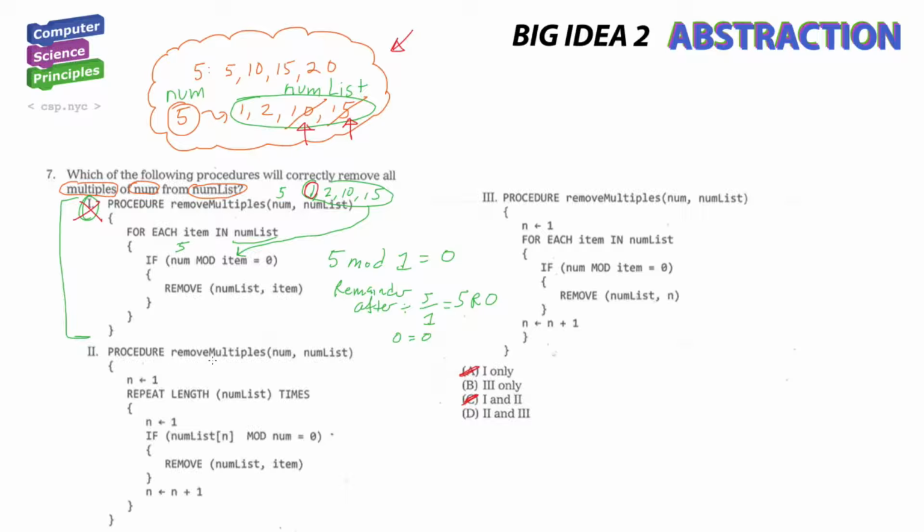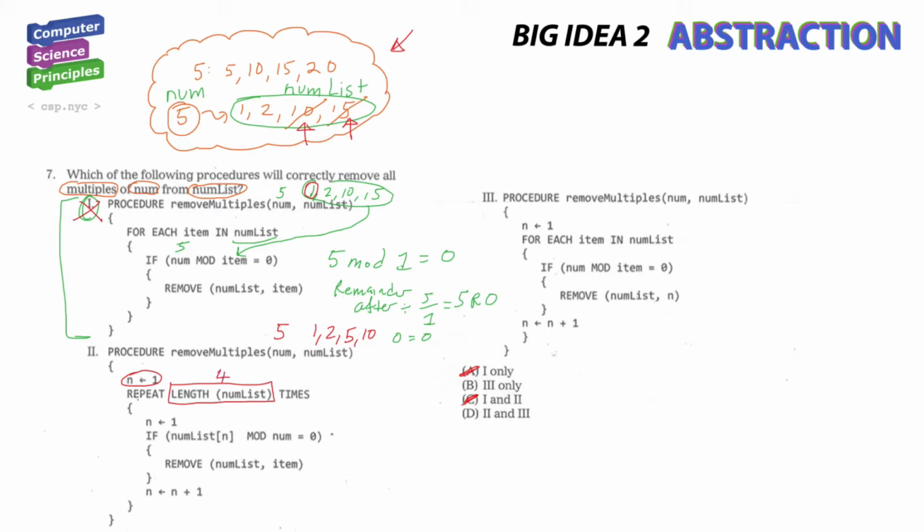The procedure is remove multiples, and then again we use our example 5 from 1 to 5, 10, and it says give n the value of 1. Okay, so n has the value of 1, and then it's going to repeat length num list times. So in our example, our num list has 4 items, so this is going to repeat 4 times.